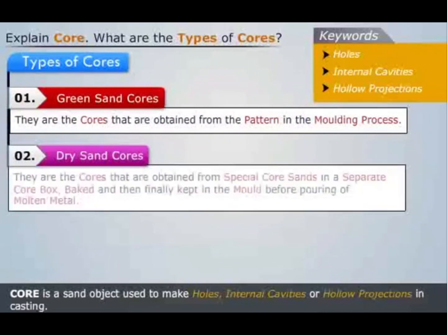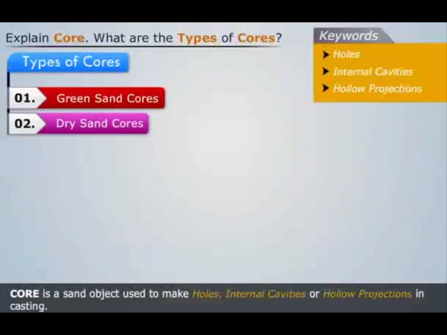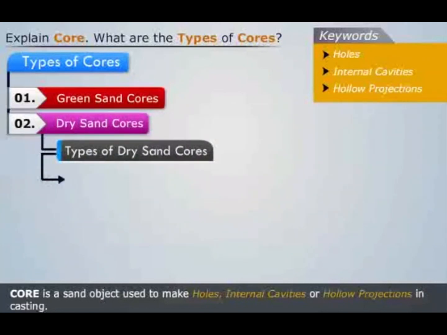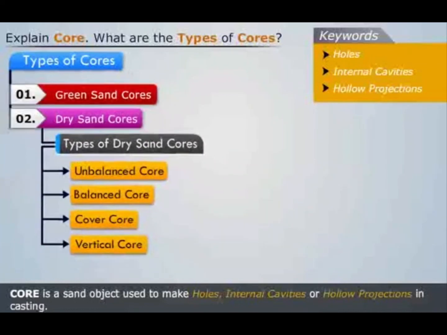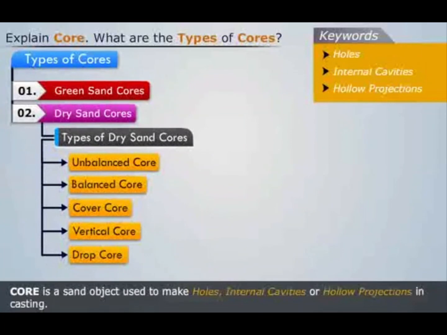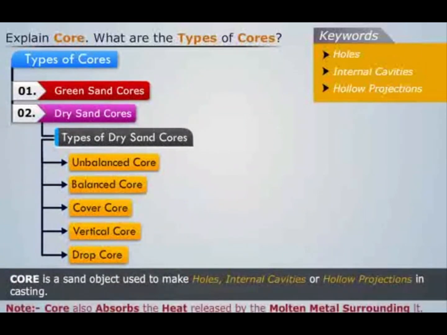Dry sand cores are the cores that are obtained from special core sands in a separate core box, baked and then finally kept in the mold before pouring of molten metal. Some of the types of dry sand cores are unbalanced core, balanced core, cover core, vertical core and drop core. Note that the core also absorbs the heat released by the molten metal surrounding it.